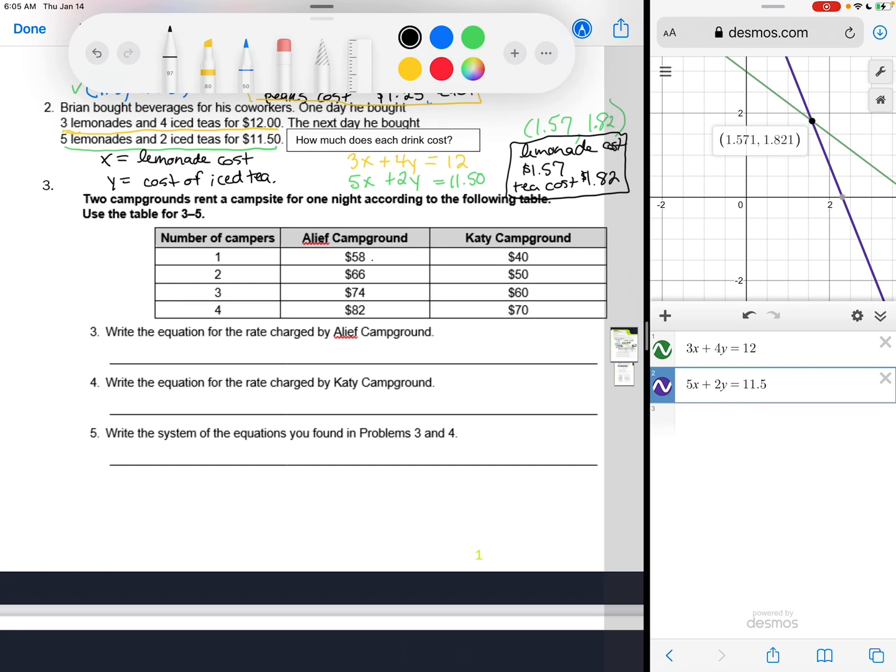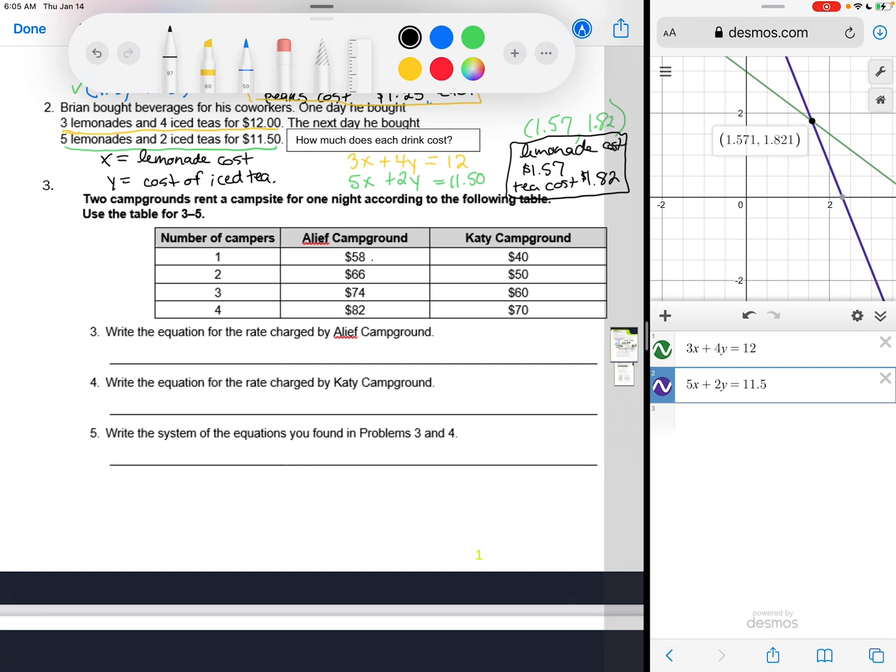For 1 camper. $40 for 1 camper is in Katy. All right, and we can just read. I'm not going to continue to read this table, but what we want to do is for each campground, we want to create an equation. That's why it says write the equation for the rate charged by Alief Campground, and then write the equation for the rate charged by Katy Campground.